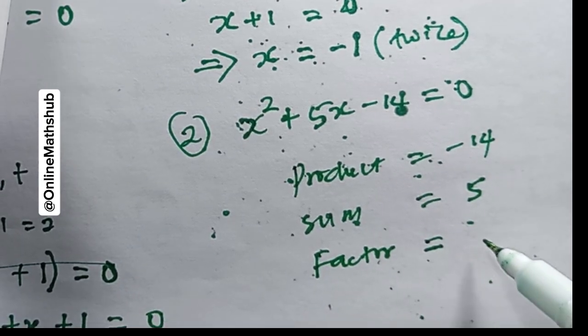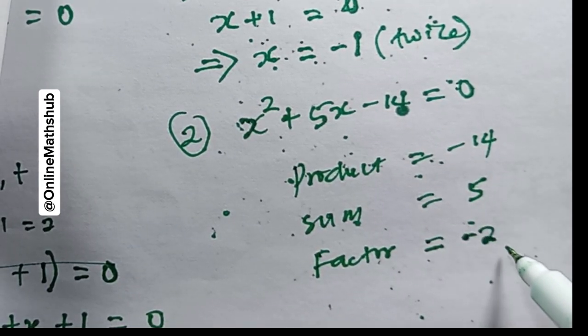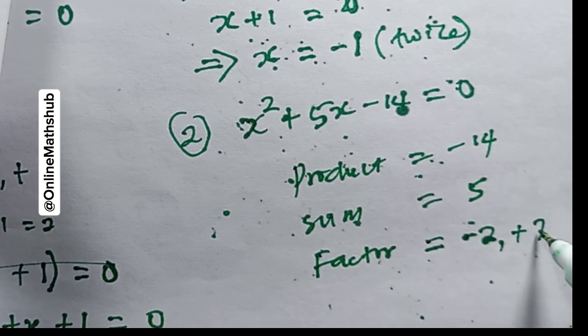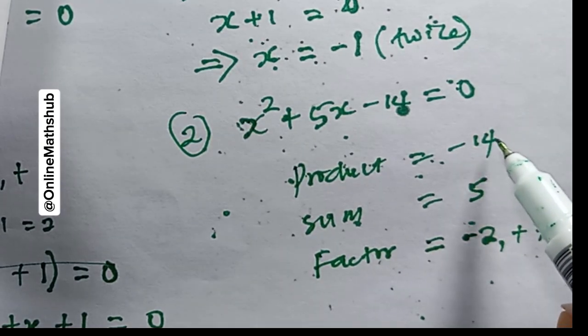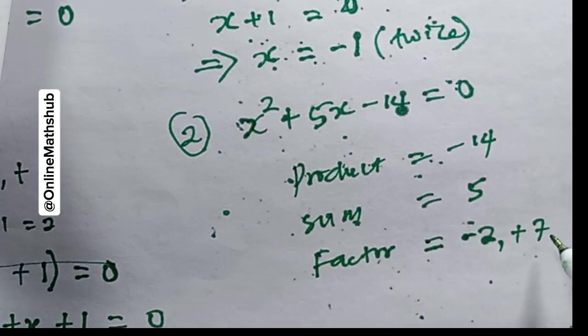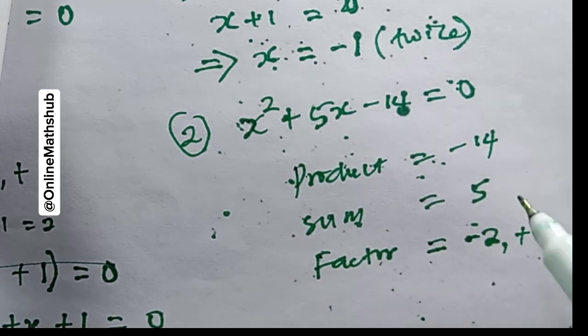Of course you can see that minus 2 and positive 7 will do the job, because 7 times negative 2 will be equal to negative 14, and positive 7 plus negative 2 will be equal to 5.